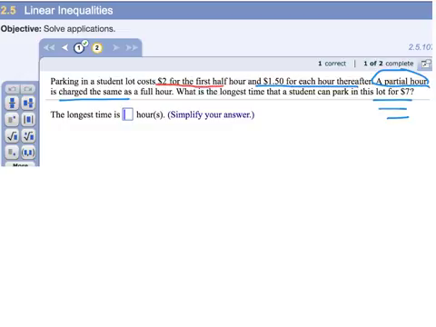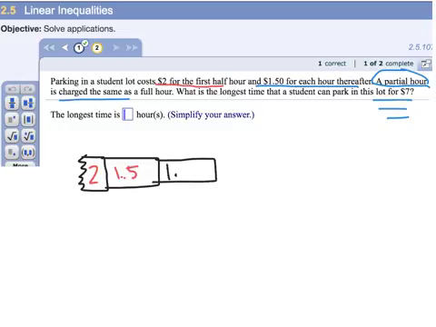Well, the first thing I like to do is draw the picture. So let's draw what this problem looks like to me. There's my half hour right there, so that's $2 for the half hour. And then here is $1.50 for a full hour, and here is $1.50 for a full hour, and here is $1.50 for a full hour.